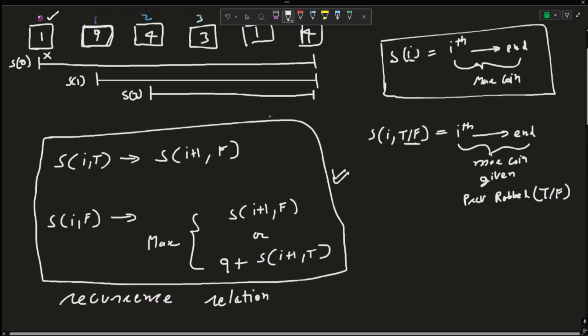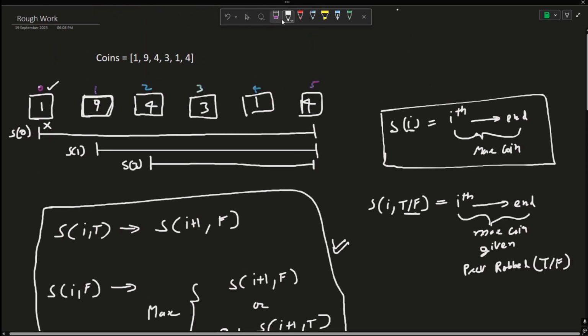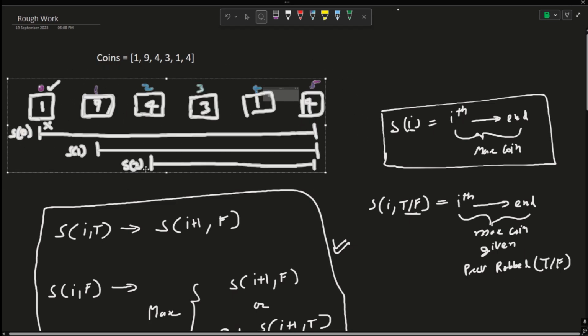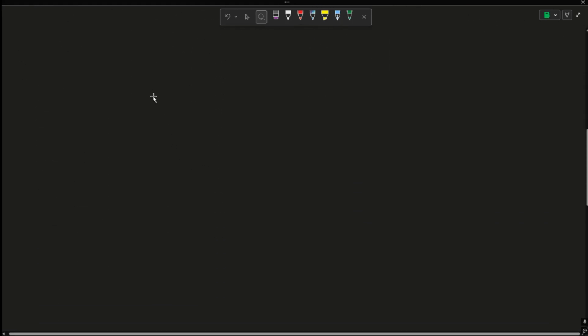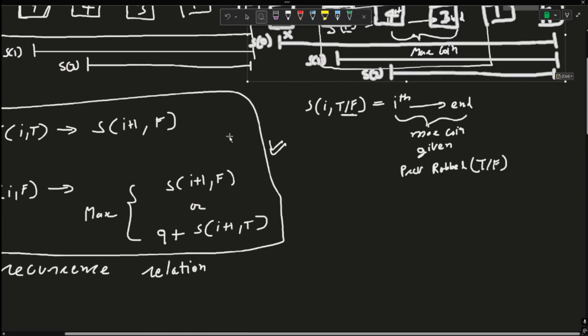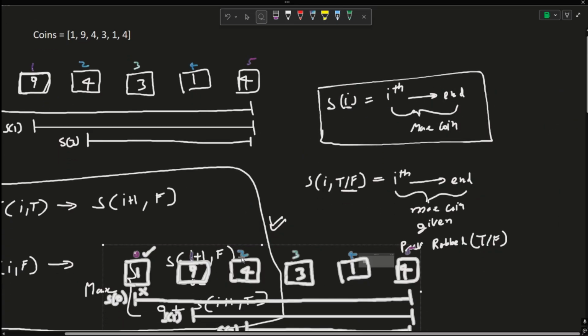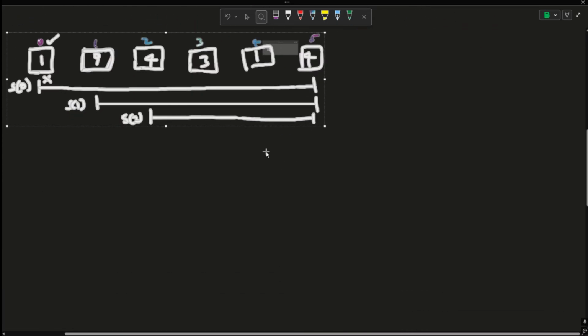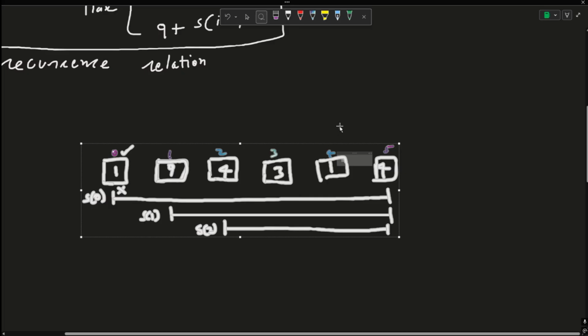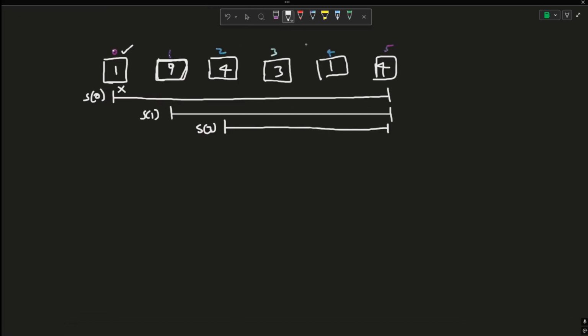Okay, now let's do one more thing. What if I say we can optimize this recurrence relation further? Okay, so this was a problem.